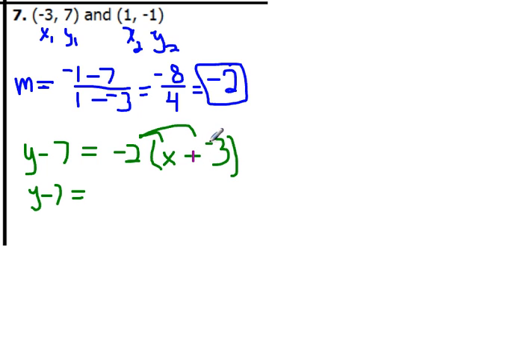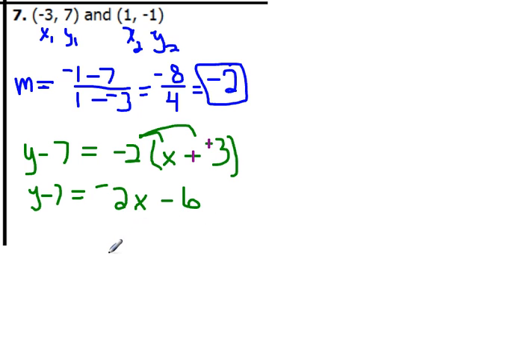So remember, when we see that, we want to immediately think to change our signs to plus and addition to make it simpler to deal with. Okay, so now back to distribution. So -2 times x is -2x. And then -2 times +3 is a -6.